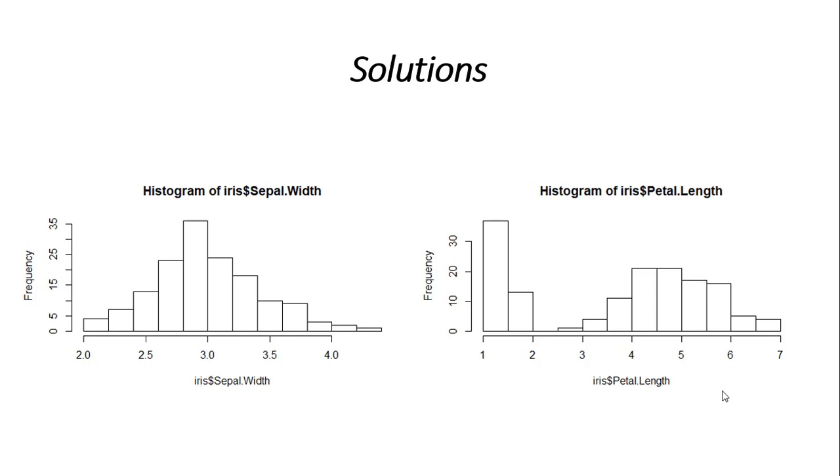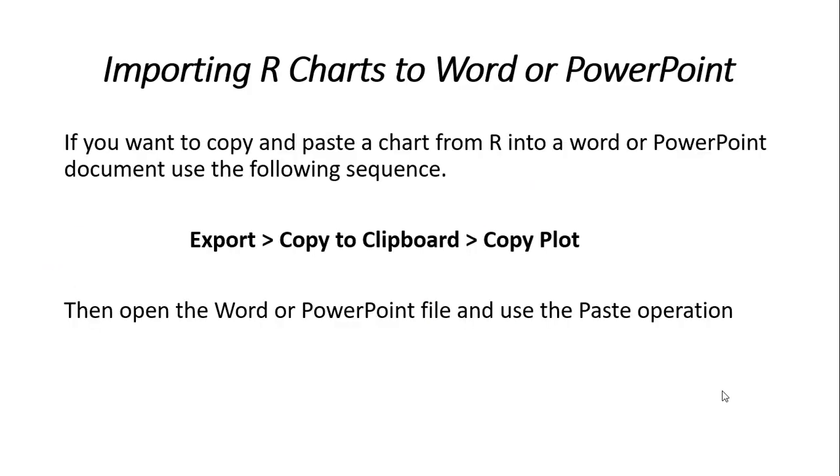the petal length. So you might be wondering, how do we get these from R into a PowerPoint or Word document? Well, we could import charts from R using the following sequence. If you produced a histogram in RStudio, look for the export button.